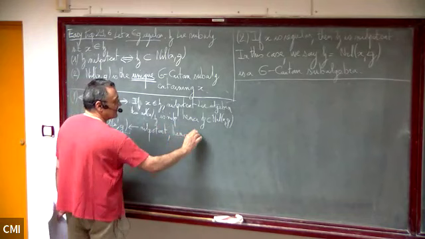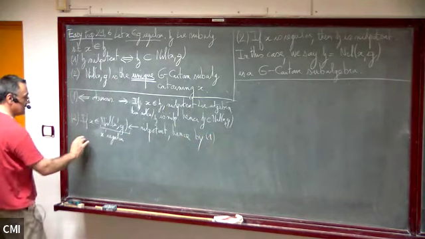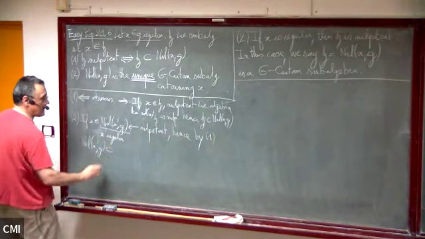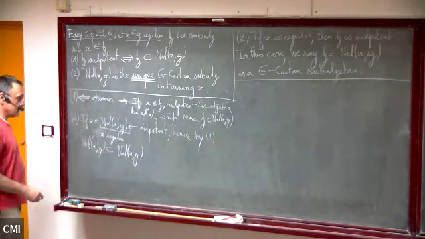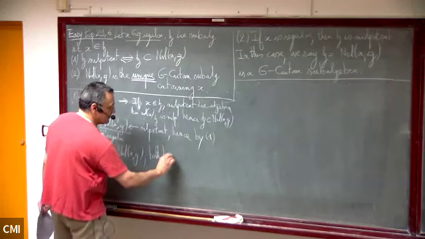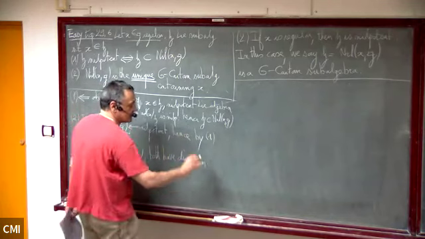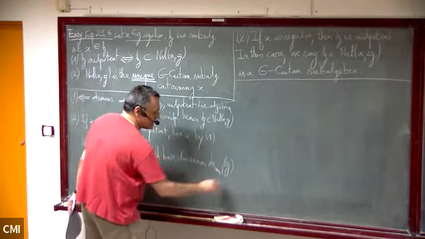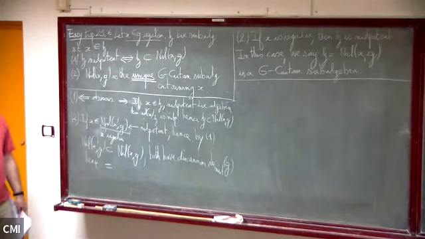Hence, by the previous implication, we have the inclusion, but they have the same dimension, which is the nilpotent rank of G, and they are equal.